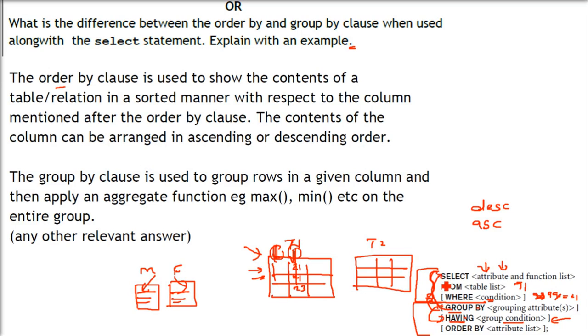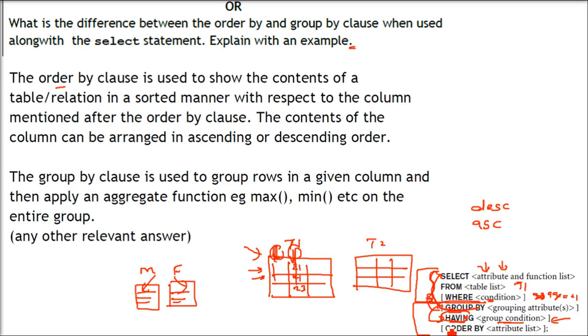But where won't work. Ascending, descending won't work. So what will we do? For that we have order by. Means order by is like ascending, descending for group by. Hope you got the idea?